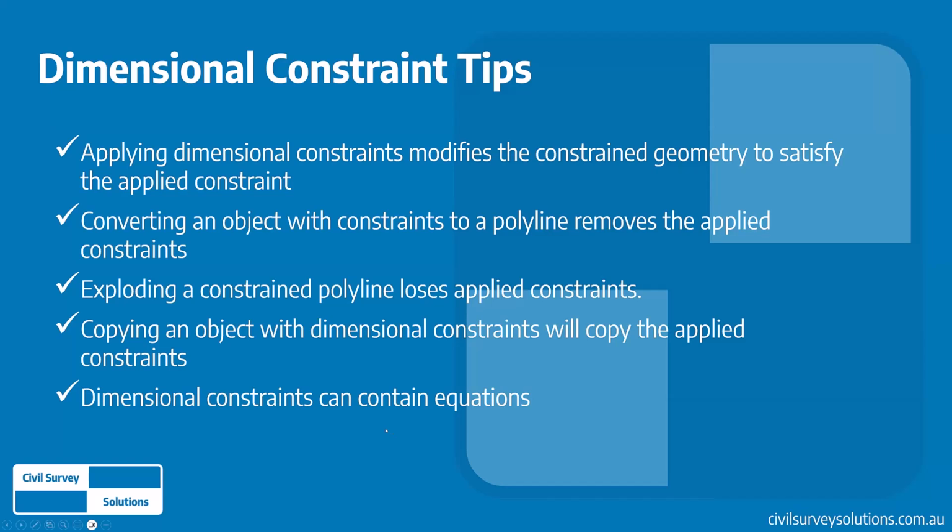Copying an object with dimensional constraints will copy the applied constraints. So if you copy the objects that are constrained and those constraints are still valid when you copy them, they will be copied. If they become invalid with the copy, they will be removed from the copy.